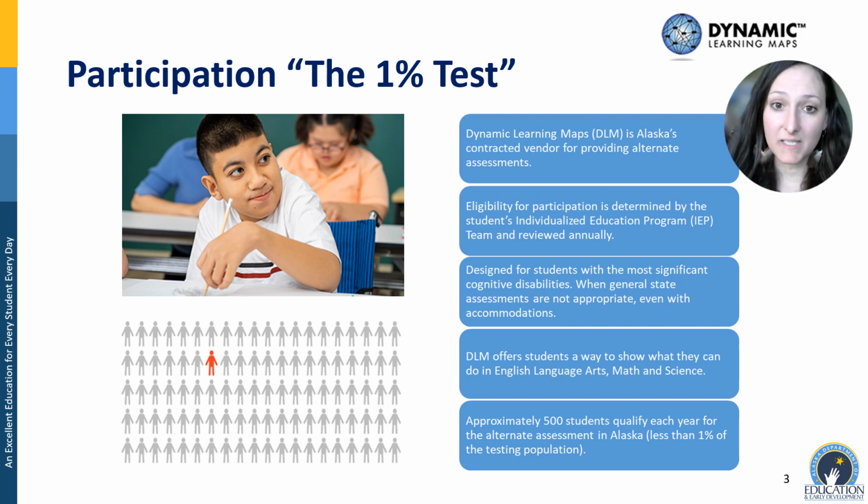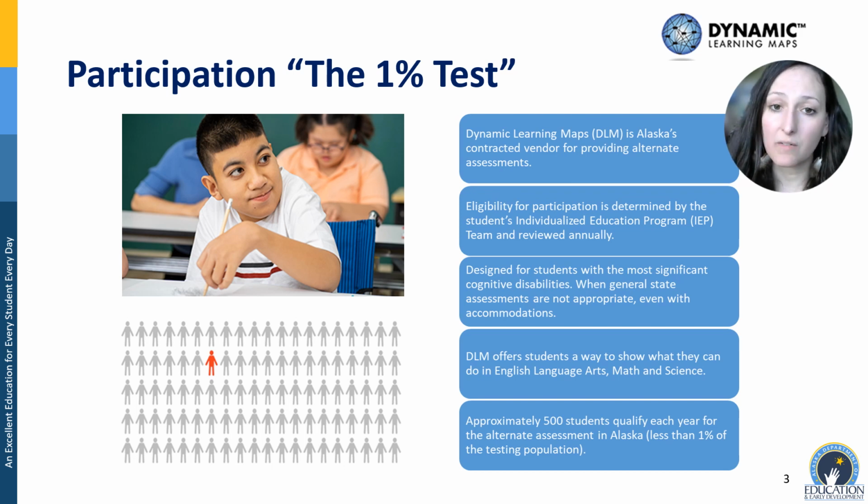Eligibility for participation in the alternate assessment is determined annually by a student's individualized education program or IEP team. It's reviewed annually. It's section 6. This test is designed for students with the most significant cognitive disabilities, and it's when general assessments are not appropriate, even with accommodations.